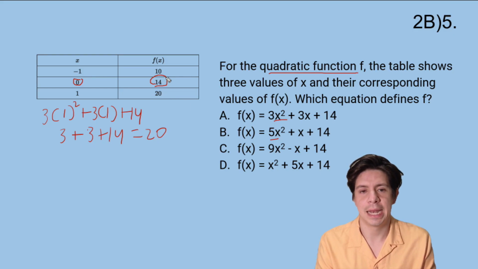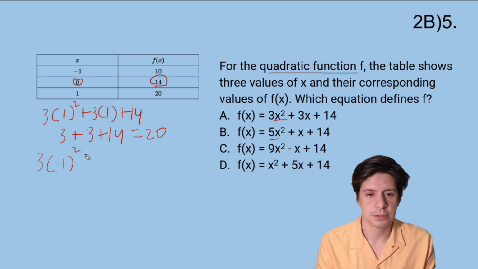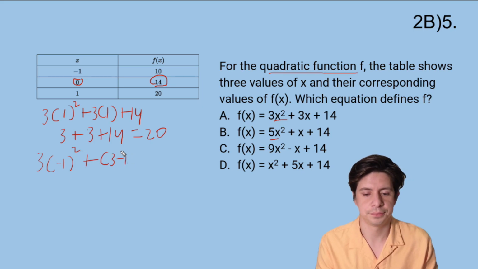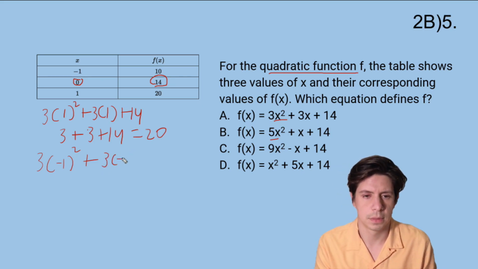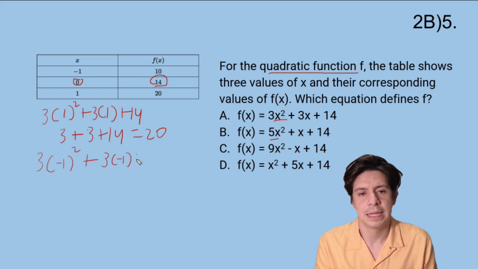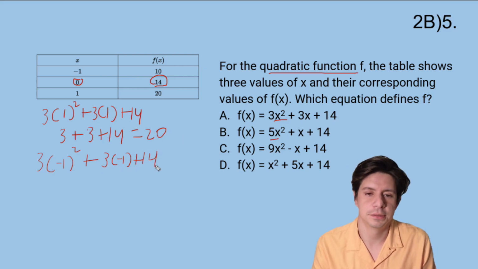If we plug in -1, we're going to get 3 times -1 squared plus 3 times -1 plus 14, right?